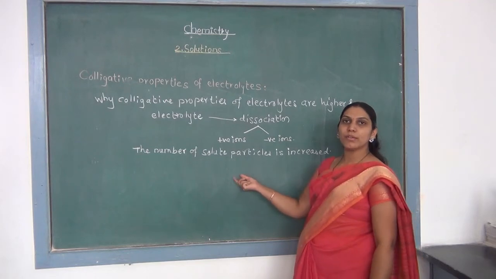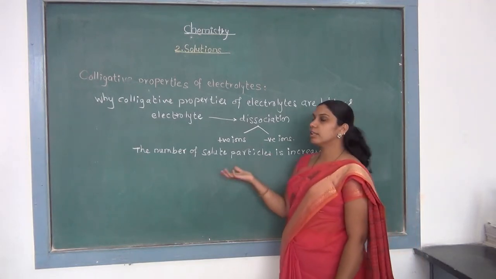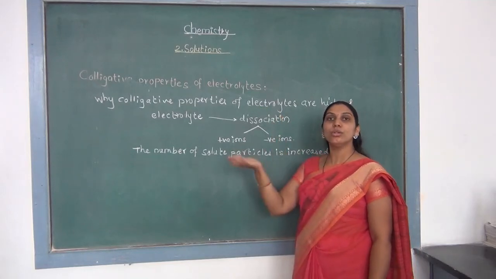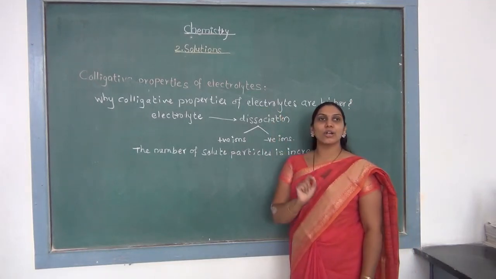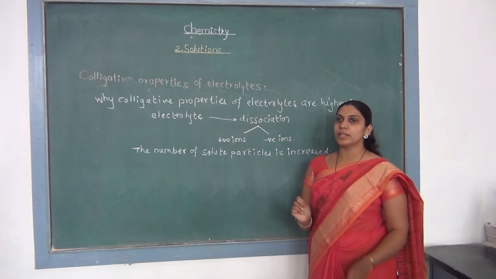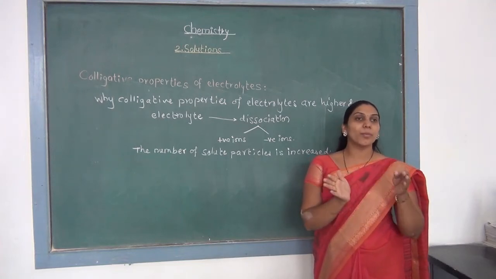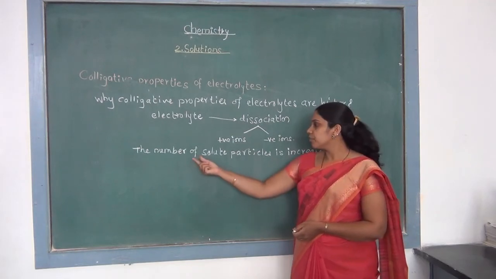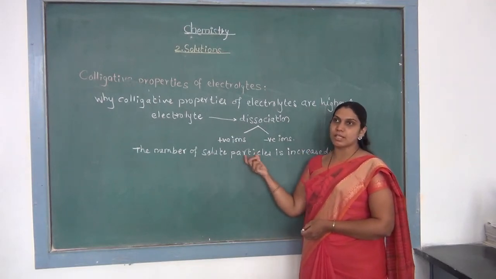And as the number of solute particles increases, the value of the colligative property of the electrolyte will also increase, because according to the definition of colligative properties, these are the physical properties of substances that depend on the number of solute particles.